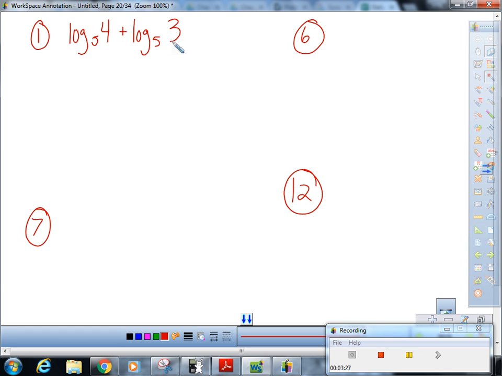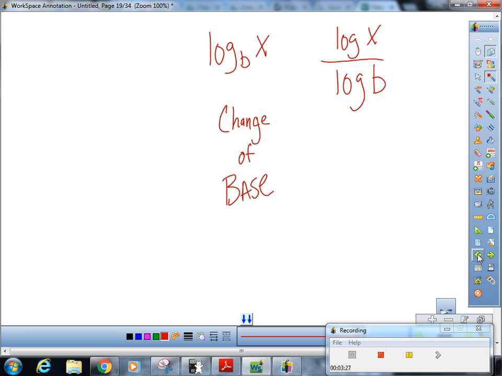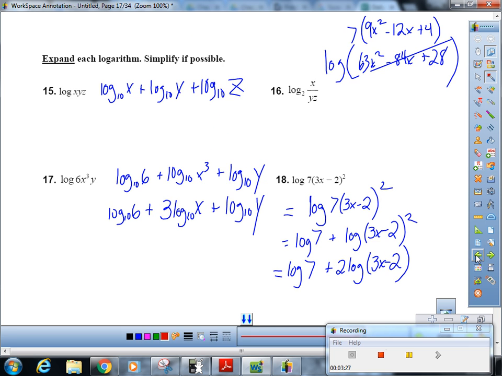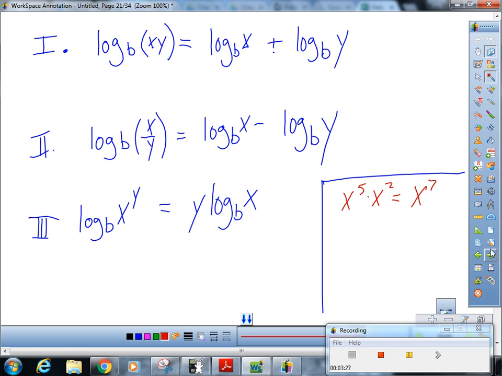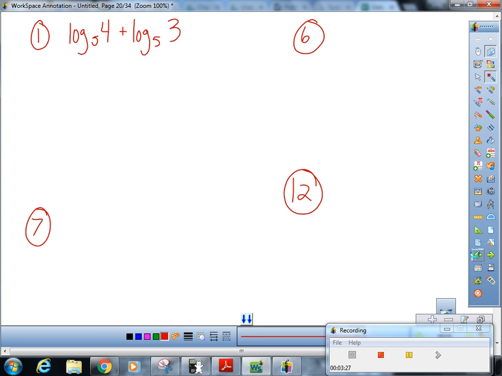So if we go back to our equations, what we're doing here is essentially we are working now from right to left. So we said that we could take multiplication and change it to addition. In this example, we are taking addition, and it says to condense it. So we want to change this addition to multiplication.